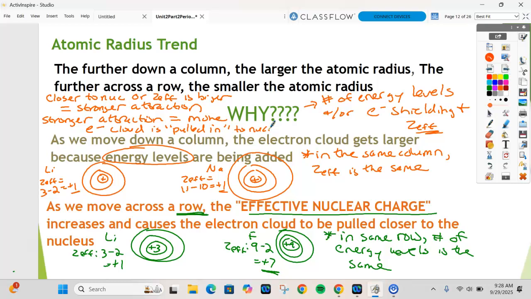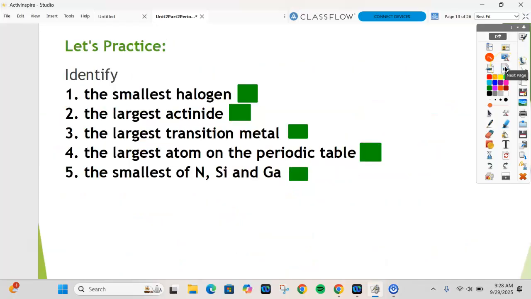So you will have to explain that, but there's also going to be a part where you just have to identify which one's bigger and which one's smaller. So let's look at some of those. So we're looking at the smallest halogen. So if you want to pause the video, do these, and then when you turn it back on, I will reveal the answers and see if you got them right.